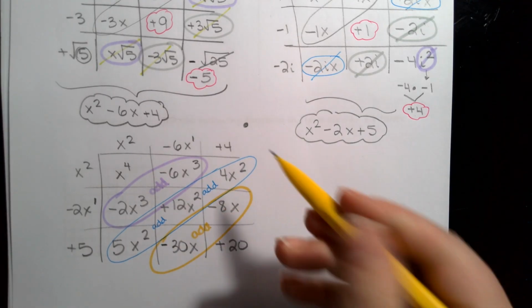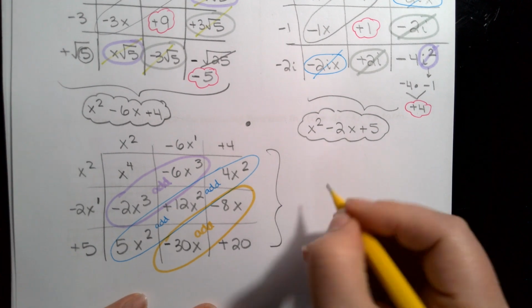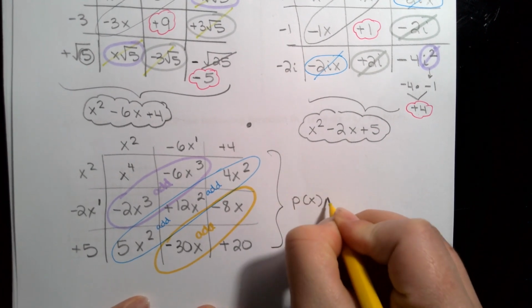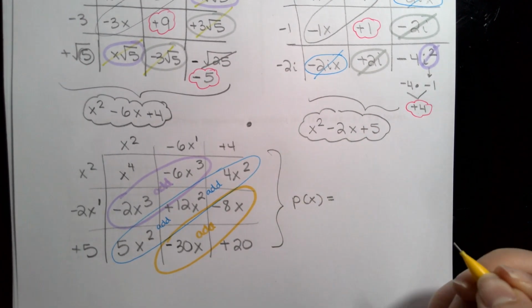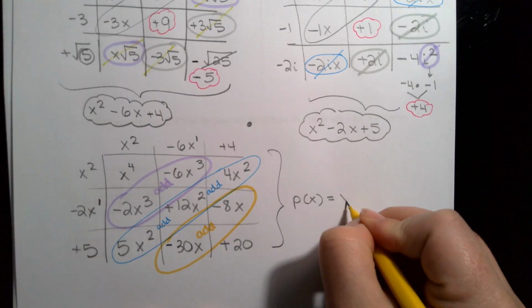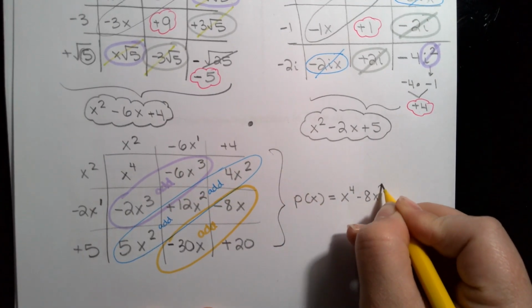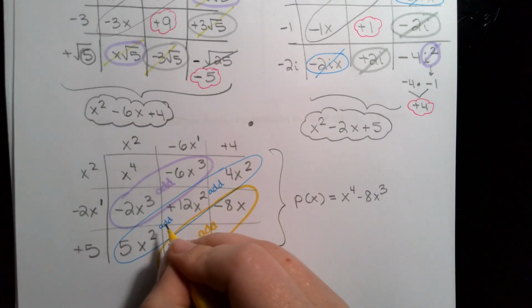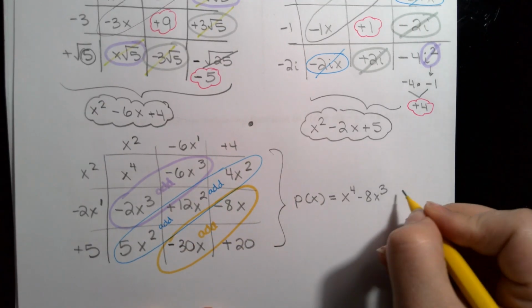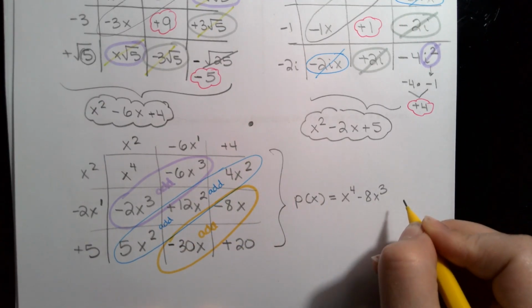So overall, in the end, we do end up with a polynomial. P of x is equal to, you can call it P of x, F of x, it doesn't matter. We got an x to the fourth power, negative 8x cubed, 21. Is that 21?